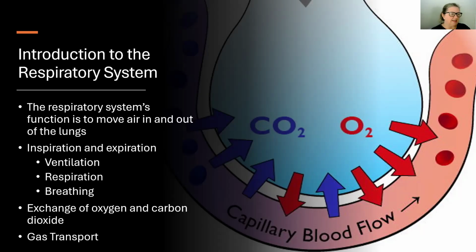There is ventilation, respiration, breathing. All of those terms basically mean movement of the air in and out of the lungs. The other reason all of this happens is also to exchange gases, primarily oxygen and carbon dioxide, and then to transport those gases throughout the body.